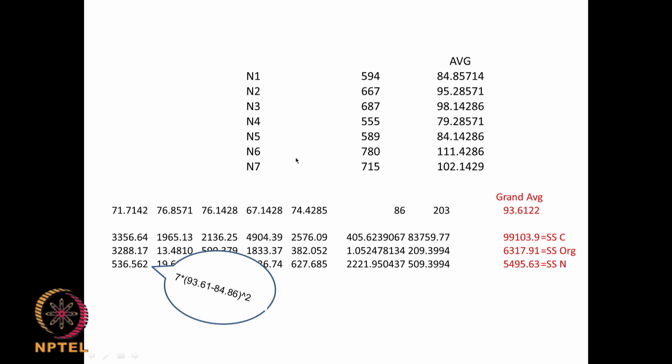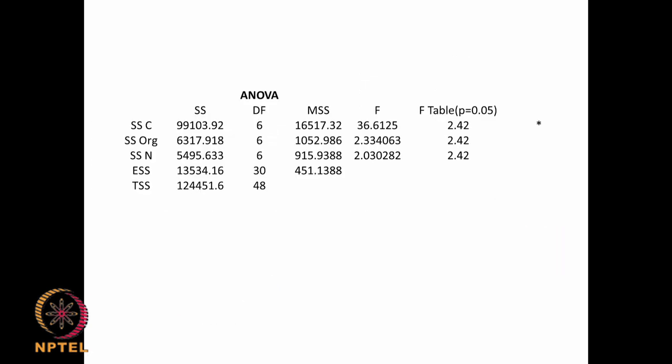So, maybe I do more experiments to be sure whether categorically I will accept the null hypothesis or reject the null hypothesis. But if you go very strictly by the statistical rules, we reject the null hypothesis only for the carbon, whereas we accept the null hypothesis for the organism and nitrogen. Okay.